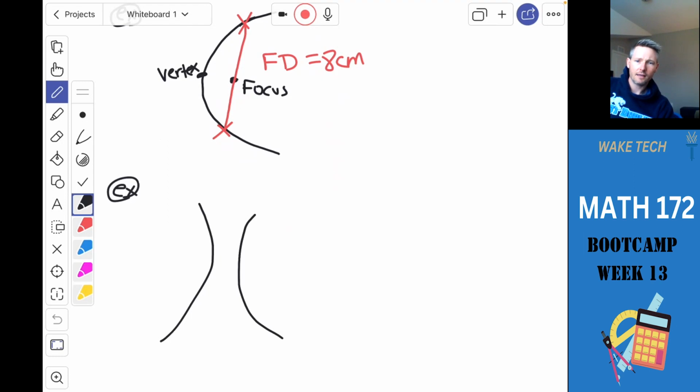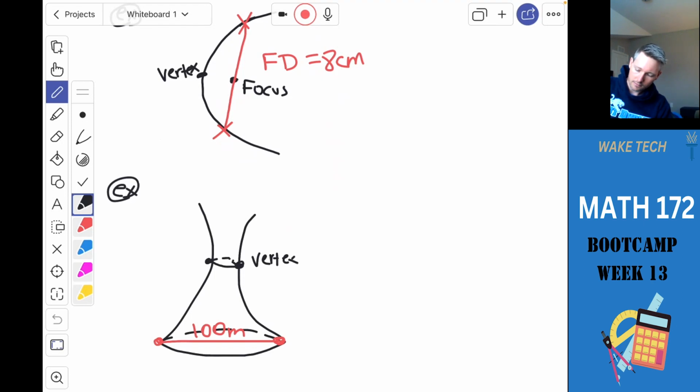We're told that the base diameter is 100 meters. So the base of this thing is shaped like a circle, and the distance from one side of it to the other is 100 meters. We're told that its smallest diameter, which is directly beside the two vertices, in fact, and I'll go ahead and label the vertices, is 48 meters.